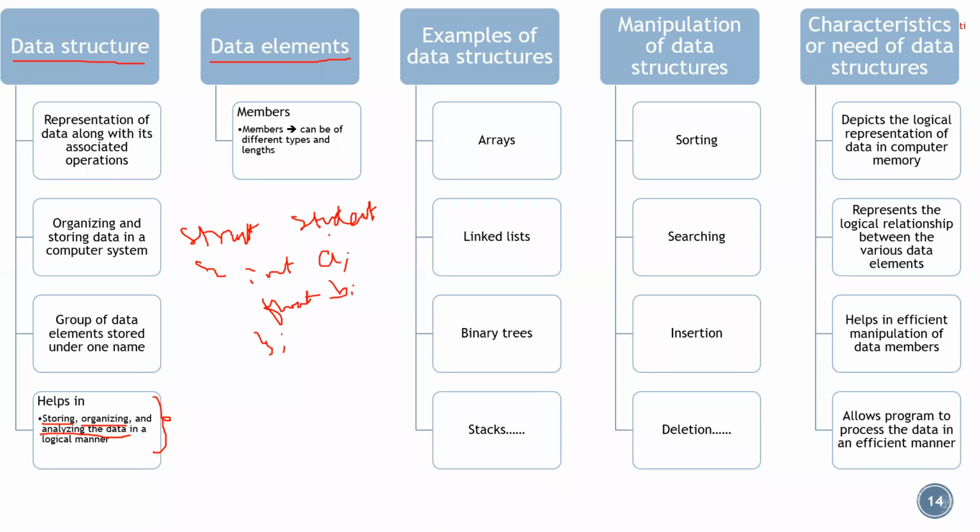So here what we have is the keyword struct, the name of the structure which is student, and within the braces we have one integer data type and one float data type. Now in this case, these a and b which are there, they are called the members of the data structure.